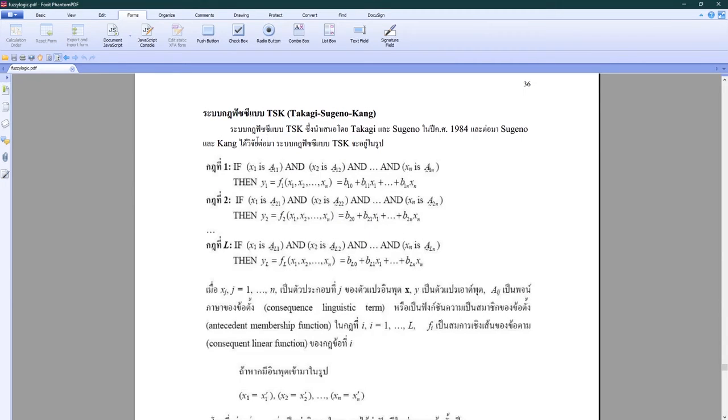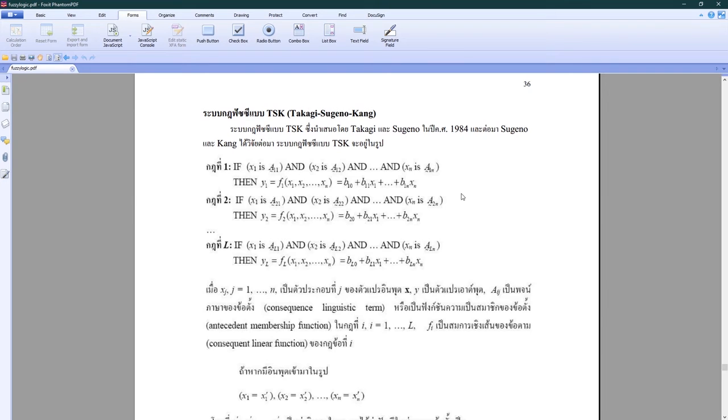Here the name TSK is from Takagi, Sugeno, and Kang. It also uses if-then logic, but when we calculate the output, y is a function of x1, x2, x3 equal to an equation with coefficients, and this equation is the thing that we have to find.